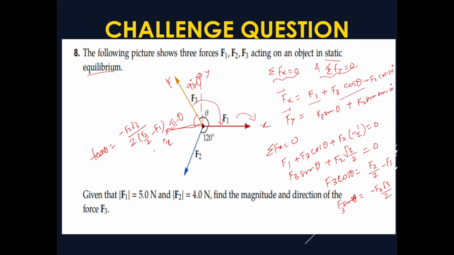This will be negative F3 cos pi minus theta and positive F3 sin pi minus theta. So it depends completely on you. Similarly, for Fy, we can see F3 sin theta plus F2 sin 120 degrees. Since Fx and Fy equal 0, we can equate these things and find out F3 cos theta.